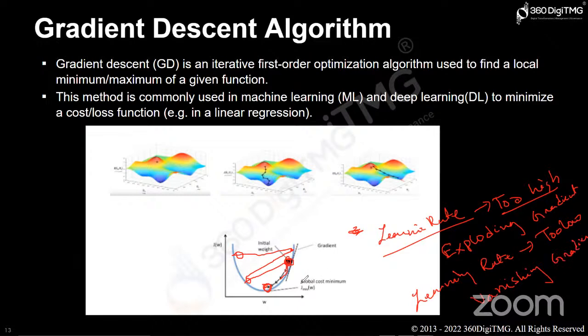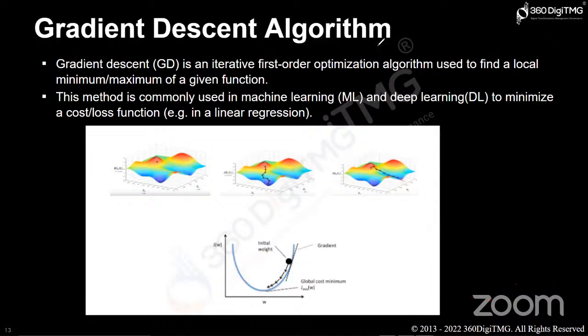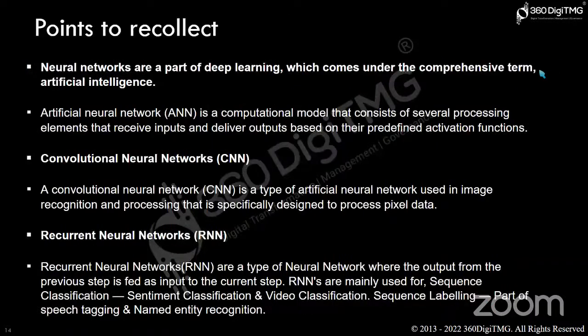Exploding gradient is when it doesn't reach a minima value because it is jumping. Vanishing gradient is a problem when it moves too slowly and takes a very long time to reach a local minima. These are two problems with the gradient descent algorithm. To correct this, you should be aware of setting a perfect learning rate. This is the main thing to be aware of.